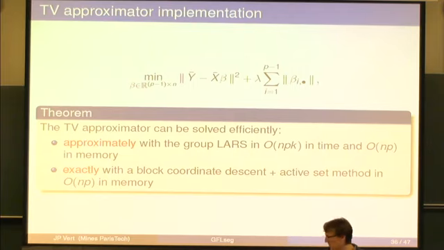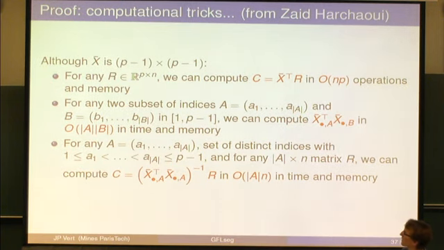I skipped this, but if you're interested, you can discuss later. Typically you can exactly solve that with the block coordinate descent method. And the reason why it's linear is because, and this is ugly, but you have huge tricks: when you look at this particular problem, the design matrix has the property that you can take the design matrix transpose itself, invert it, and still compute it in linear time.